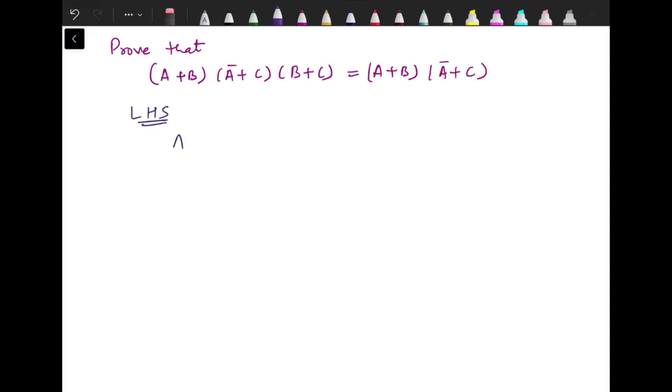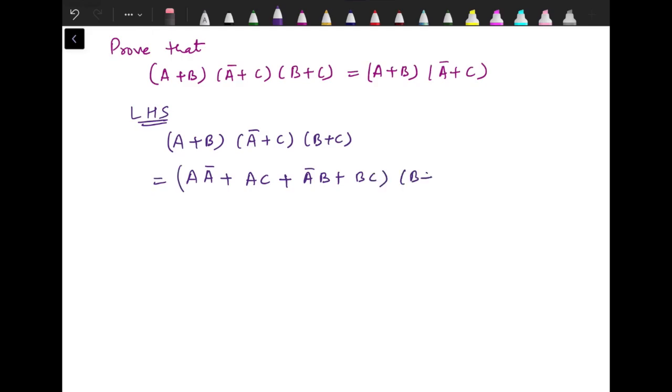Left hand side is (a plus b)(a complement plus c)(b plus c). Firstly we need to expand this because we don't have any other option over here. So a a complement, ac, a complement b, and bc.